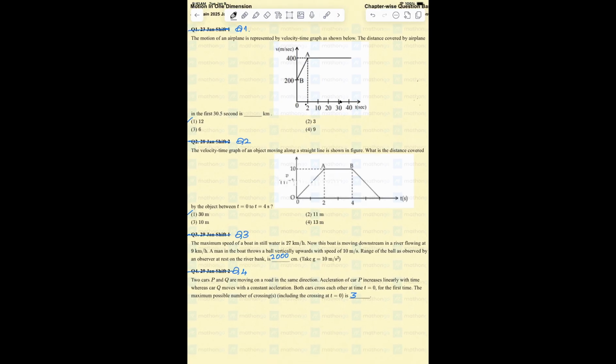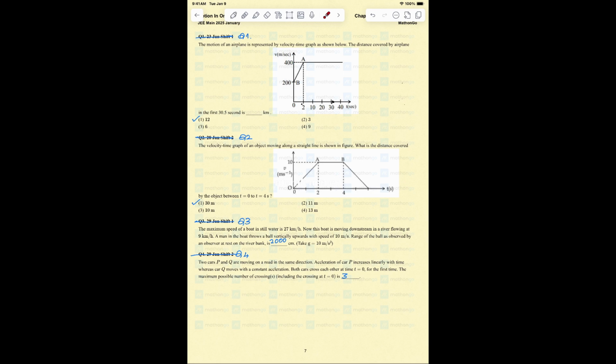I'll take the next question, number 2. The velocity time graph of an object moving along a straight line is shown in the figure. What is the distance covered? Again, luckily there are no negative areas, only positive areas, therefore distance will be equal to displacement also.